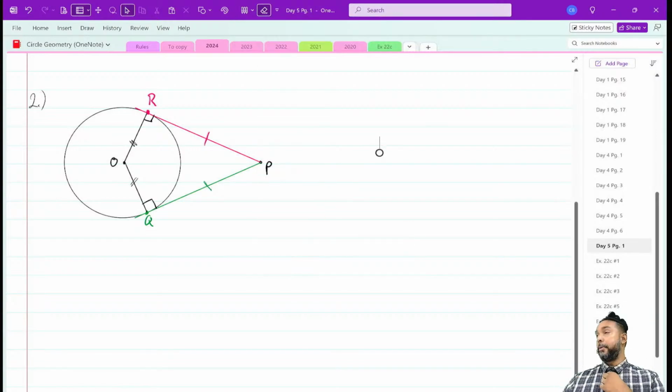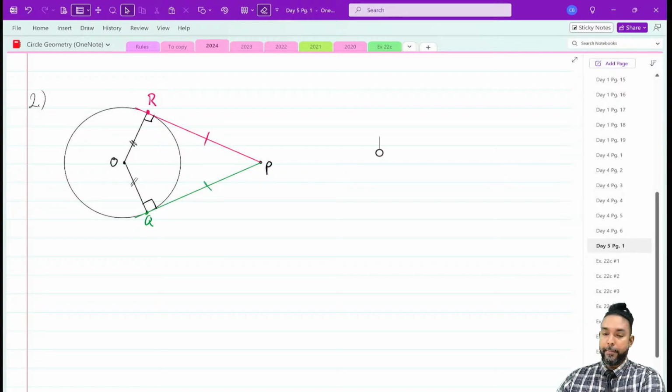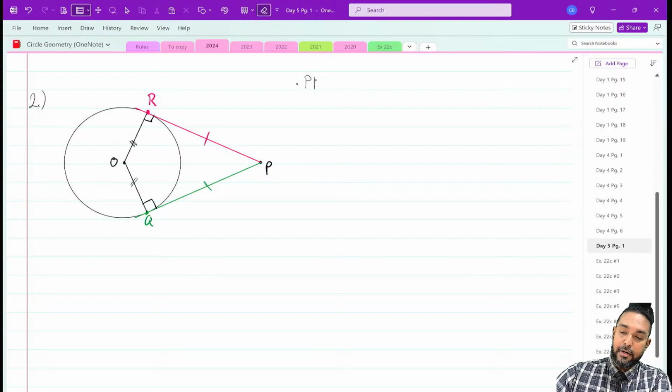Now, again, I just wanted to be mindful about how we go into this. We are looking at the item and making observations, things that we already knew but may not necessarily have been pointed out to us before. Okay, all right, so PROQ is a quadrilateral, but it's not cyclic. How do we know it's not a cyclic quadrilateral?